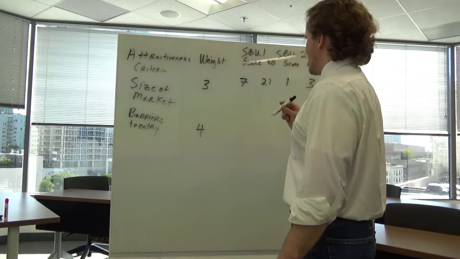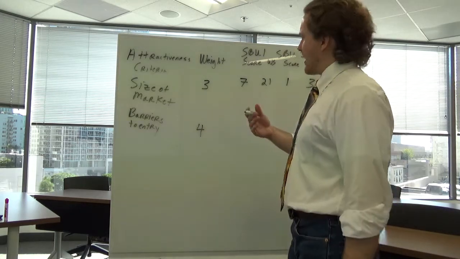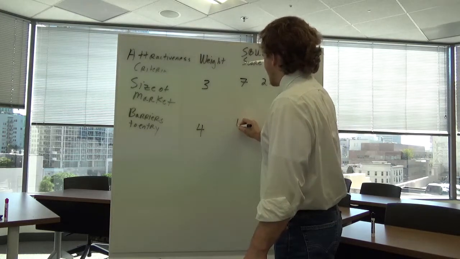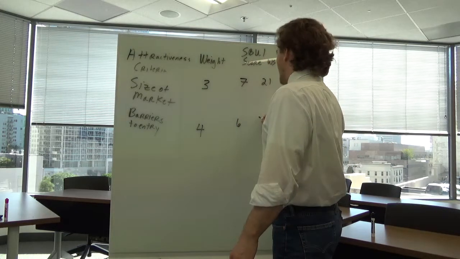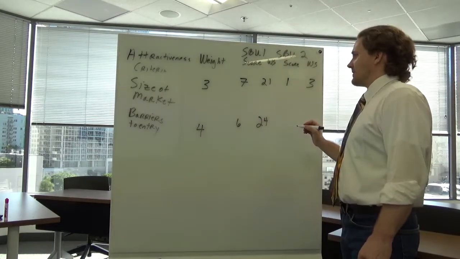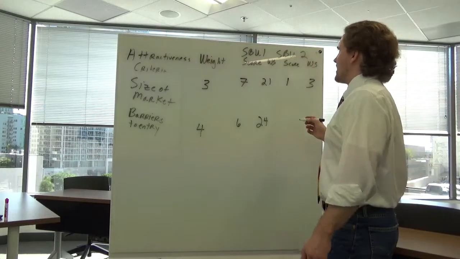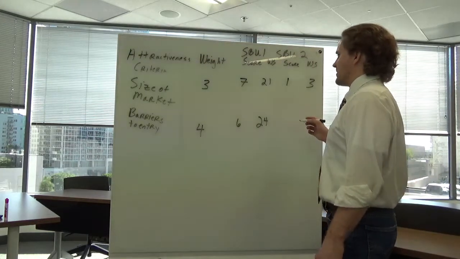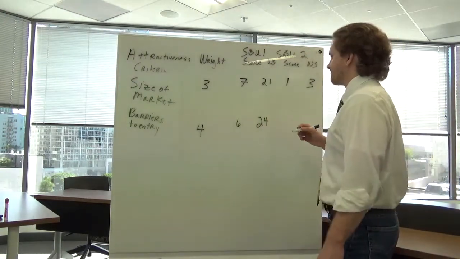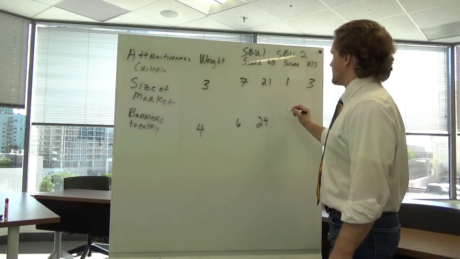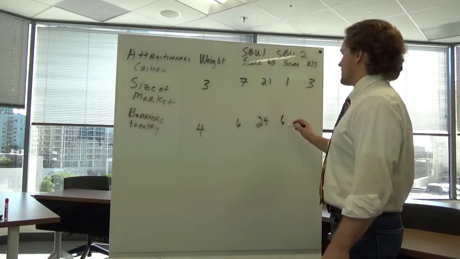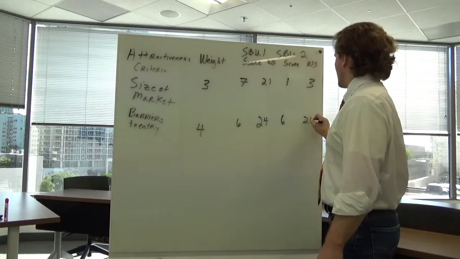I'd say that the sticky thing, the entry barrier, because you've got proprietary knowledge in the chemical factory and all that stuff, let's give that like a 6. So then we've got a weighted score of 24. And then we talked about the chemicals. Again, I'd say that's a pretty high entry barrier. So we might give that also a 6. So then we'll have 24 there.